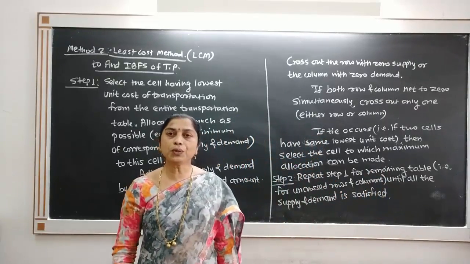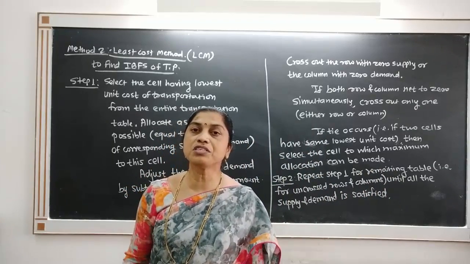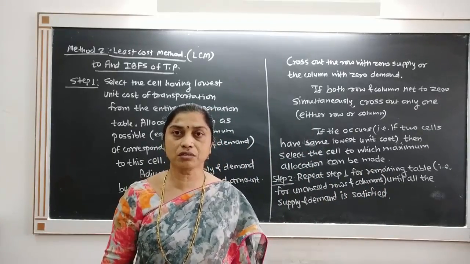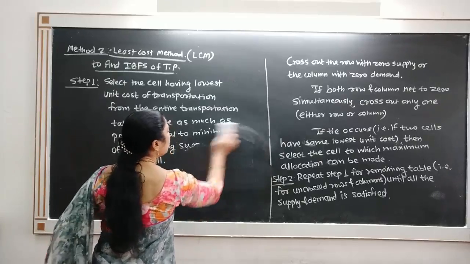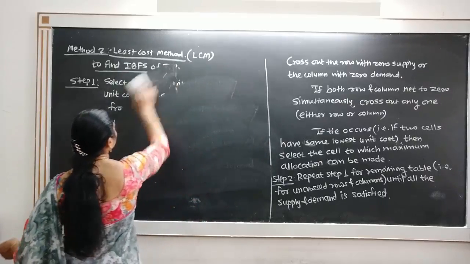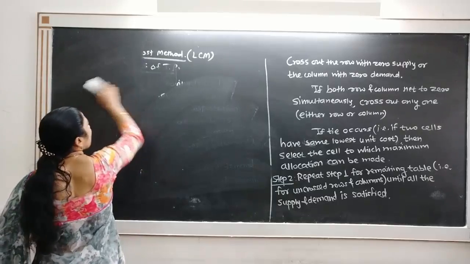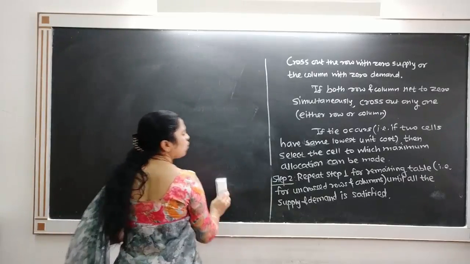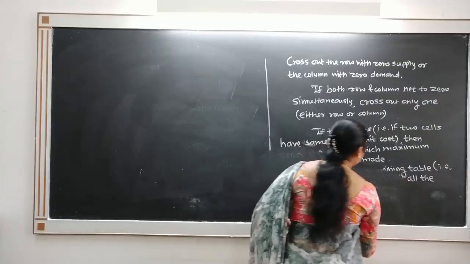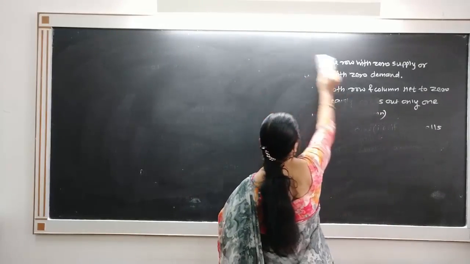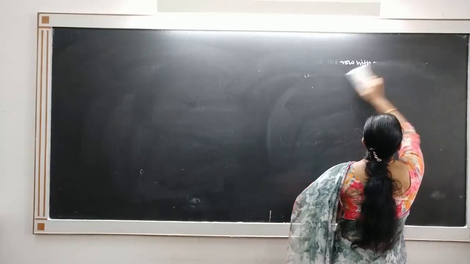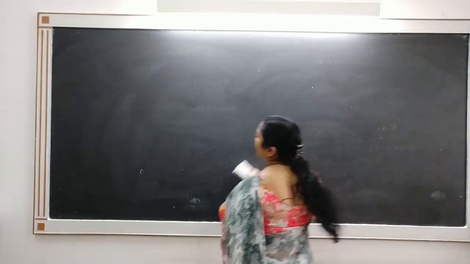So the whole method depends on selecting the lowest cost and allocating to that cell. Continue the procedure selecting the lowest cost and go on allocating as much as possible to the selected cell. So consider an example to get the idea clear.